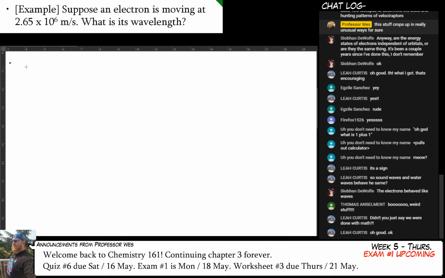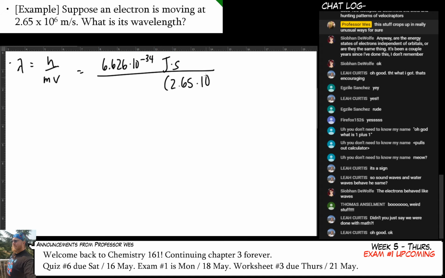Alright, so the wavelength is going to be h over mass times velocity. Suppose an electron is moving this fast. So this is the speed of the electron. And then I got to look up the mass of an electron.